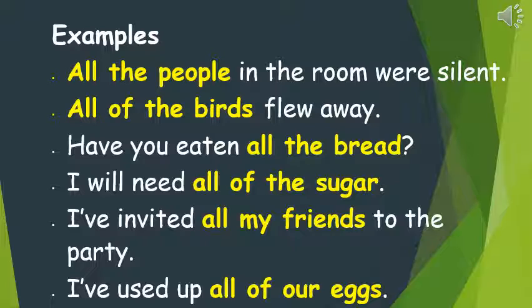People is a plural noun here. All of the birds flew away. Have you eaten all the bread? I will need all of the sugar. Sugar here is an example of an uncountable noun. I have invited all my friends to the party. I have used up all of our eggs.